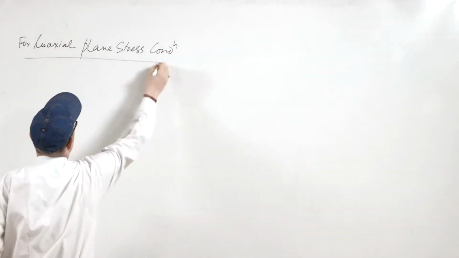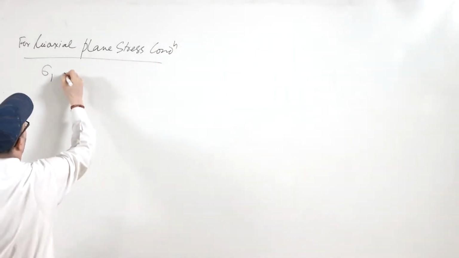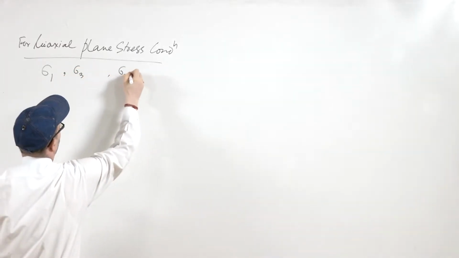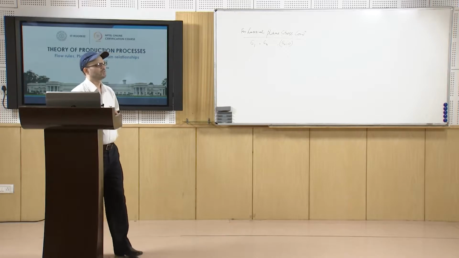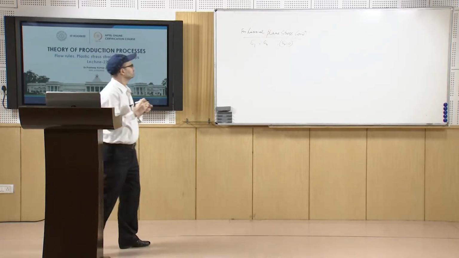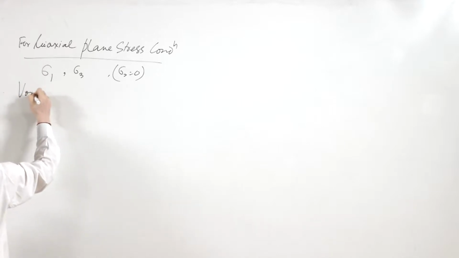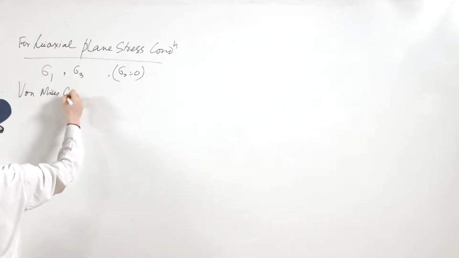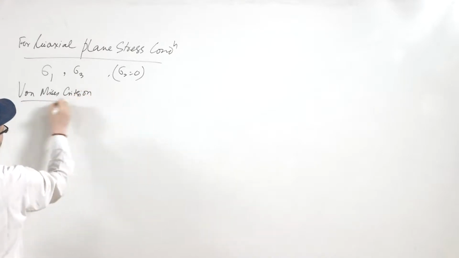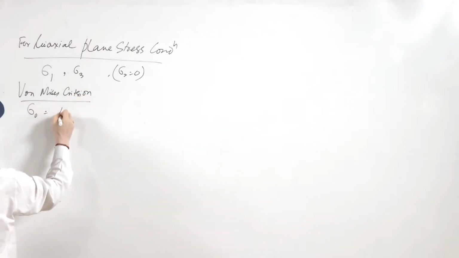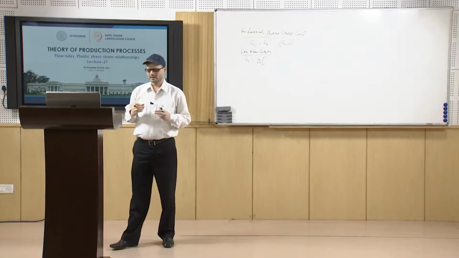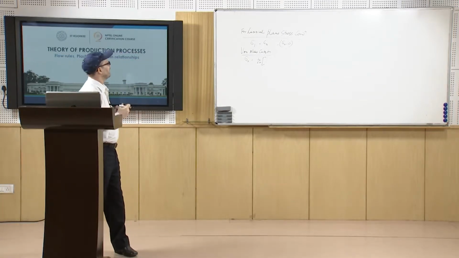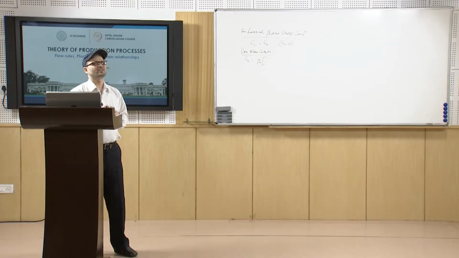So, you have sigma 1 and sigma 3, and sigma 2 will be equal to 0. Now, in that case, if you use the von Mises criteria, you have sigma naught equal to 1 by root 2 times the square root of sigma 1 minus sigma 2 squared plus sigma 2 minus sigma 3 squared plus sigma 3 minus sigma 1 squared.